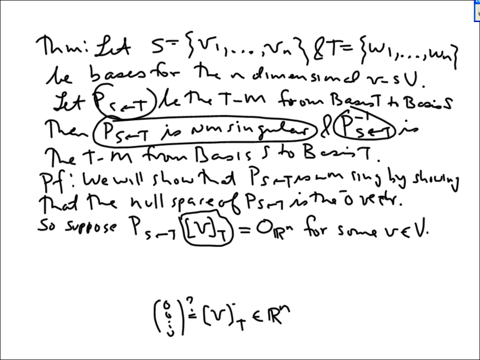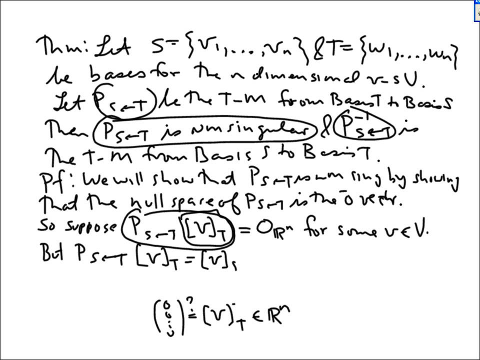Okay, but this is always equal to the coordinates of vector v in S. P_S←T times the coordinates of vector v with respect to basis T is equal to the vector v in S, always. But we're saying that this is the zero vector.